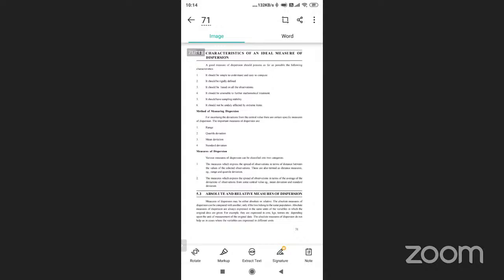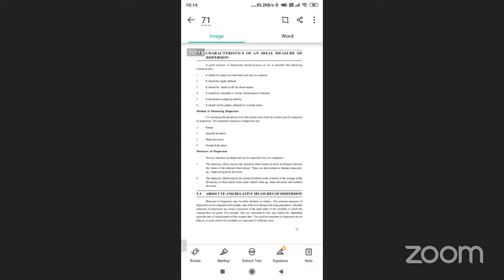Methods of measuring dispersion: for ascertaining the deviations from the central value, there are certain specific measures of dispersion. The important measures of dispersion are range, quartile deviation, mean deviation, and standard deviation. Measures of dispersion can be classified into 2 categories.